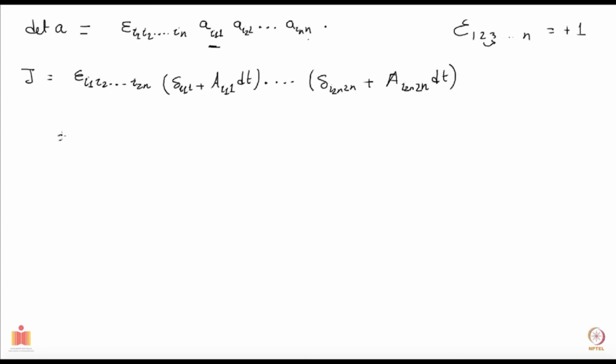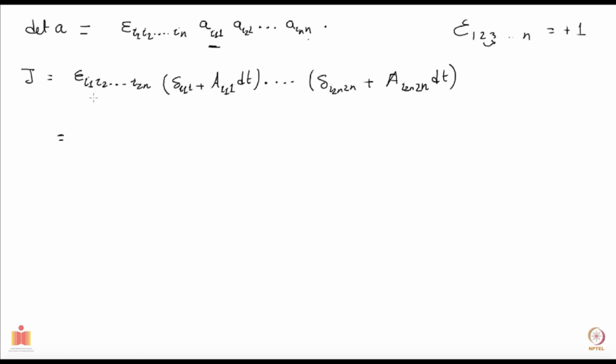Now let's collect the terms which are not proportional to dt, and the terms which are proportional to dt, and then we will drop the terms which are higher powers in dt. The terms which do not involve dt come from multiplying this epsilon with the deltas, without involving any of the A's.